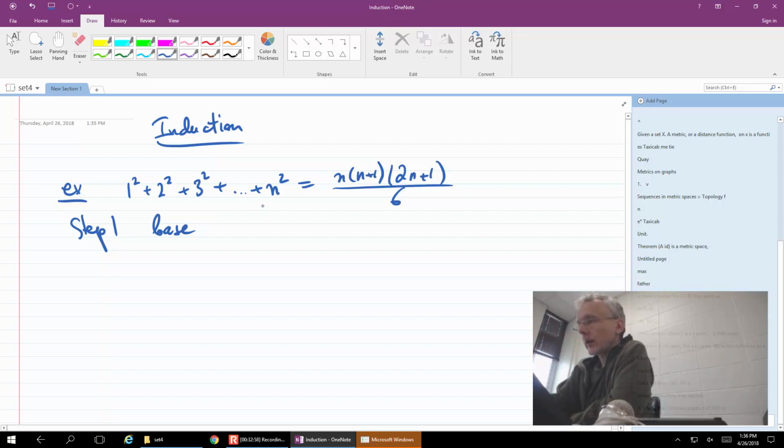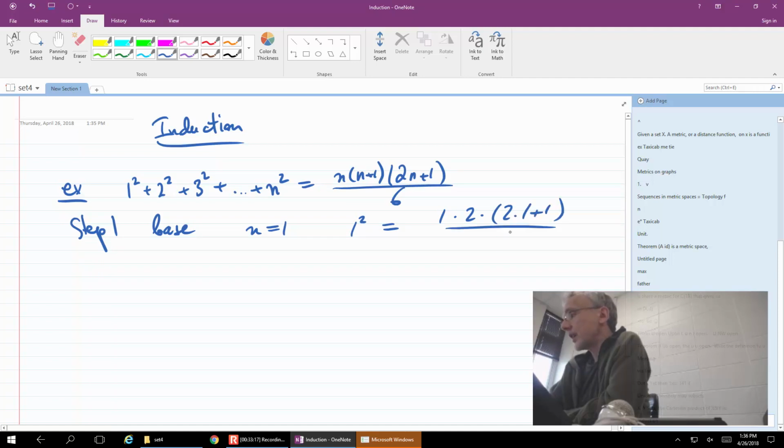The smaller the better. Even though there is a remote chance that it's too small, and then you might trick yourself into thinking maybe it's not true in the first place. But it appears that n equal to 1 should work. So we have 1 squared on the left, and on the right we have 1 times 2 times 2 times 1 plus 1, over 6. It is equal to 1. Okay, works out, checks out. So we're fine with the base.